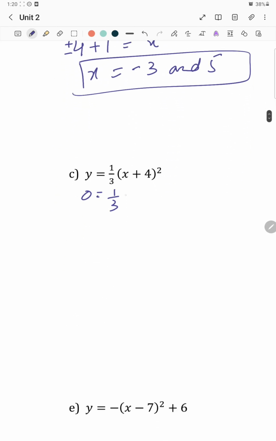0 is equal to 1 by 3 (x plus 4) whole square. 0 is equal to (x plus 4) whole square.